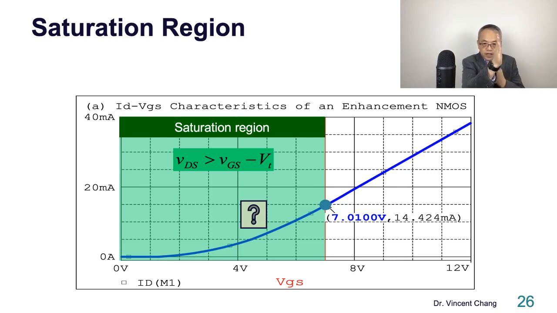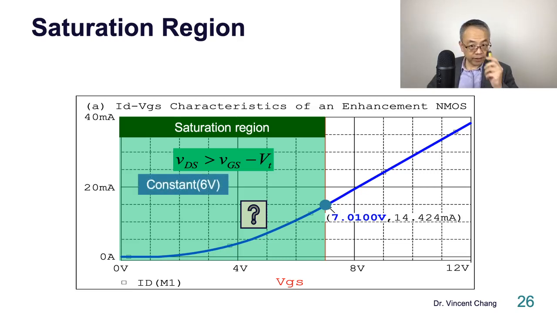I know it's a little bit tricky, you have to pay full attention, okay? So when VGS is below 7, then VDS is greater than VGS minus VT, then saturation. The device is in the saturation region. Because VDS, the key, in this simulation, is always a constant.